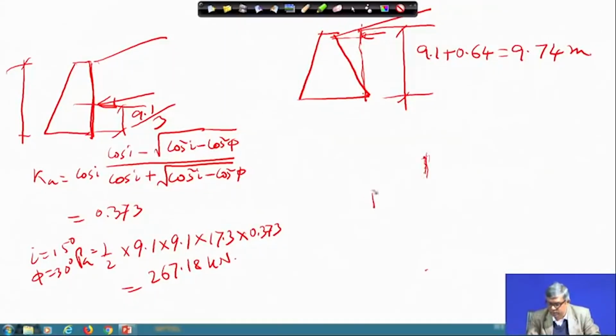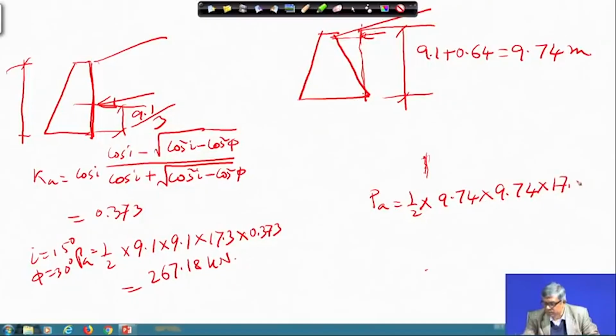So, your P A will be equal to half multiplied by 9.74 multiplied by 9.74 multiplied by 17.3 multiplied by 0.373, that is K A, and that gives you 306.08 kilonewton.